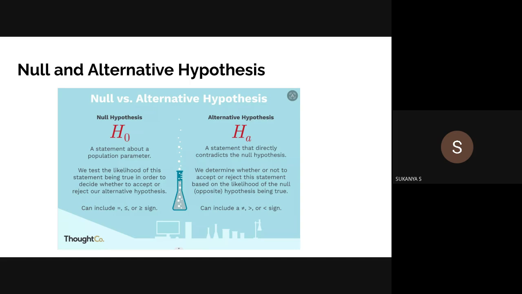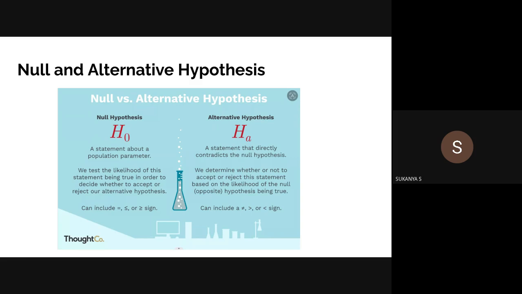We did say that the null hypothesis as well as the alternative hypothesis is some claim about your population parameter. So basically, you want to make a claim, a particular statement about your population parameter.